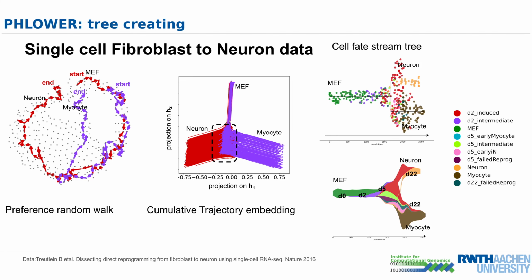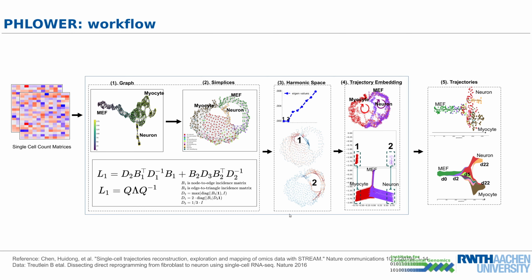So with this, we eventually create trees using the cumulative trajectory embedding. So this is the workflow of PHLOWER using a really simple single cell data set.